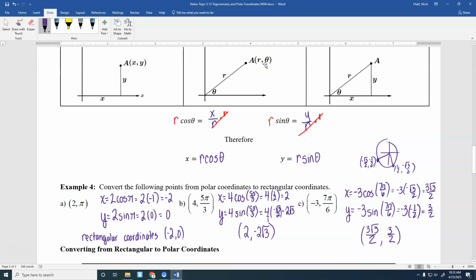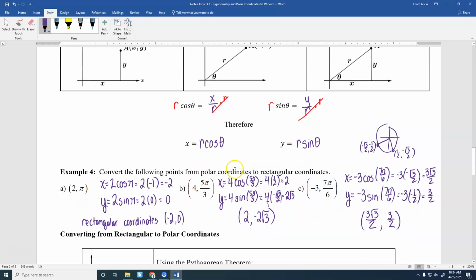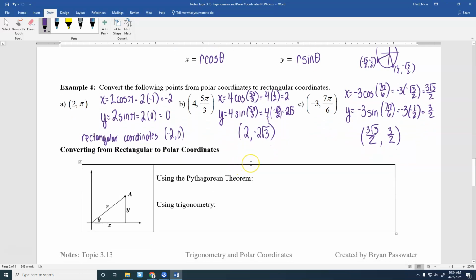Okay, questions? Those are formulas that we kind of already know because we've used them on the circle stuff we've already done, but you want to know them because they will make your life much easier. Now we're going from rectangular to polar. It is a little bit more difficult, but still some pretty basic math.